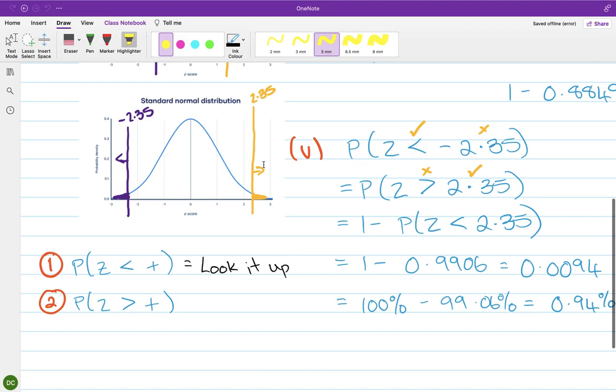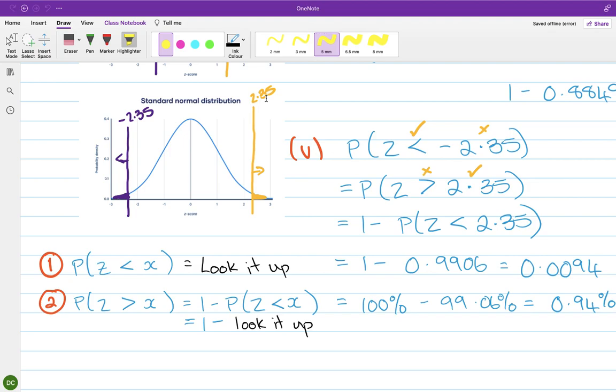Okay, and that's like this bit here, like the probability of it being greater than plus 2.35, that's where you do 1 minus. One minus the probability of it being less than whatever that number is. Maybe I won't use a plus, I'll use an x. And then that becomes 1 minus, and you can look that bit up.